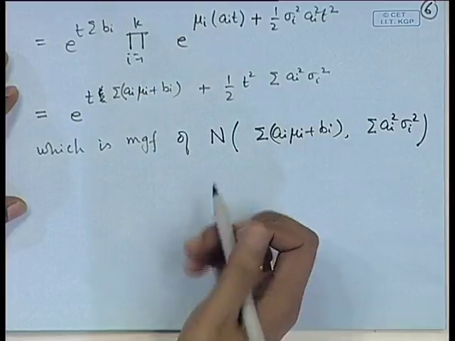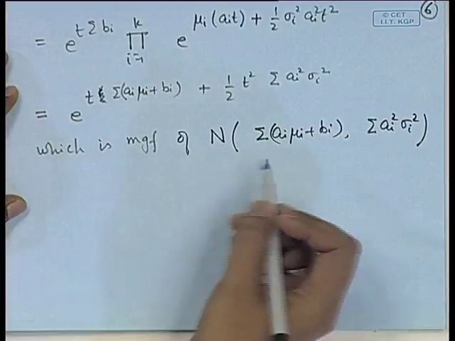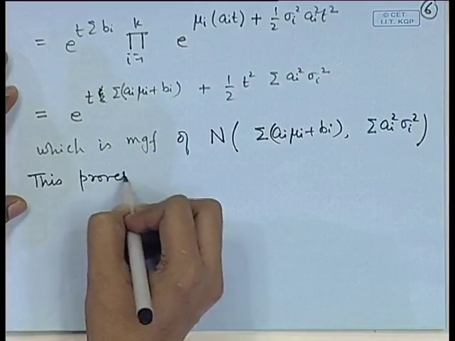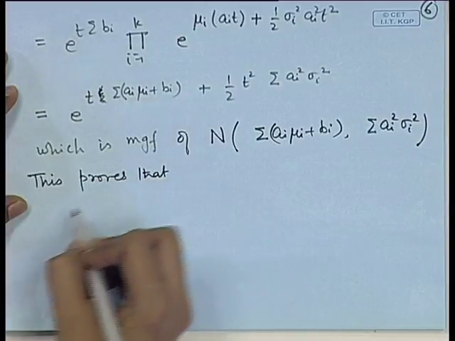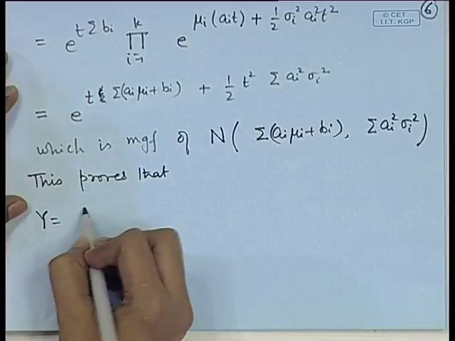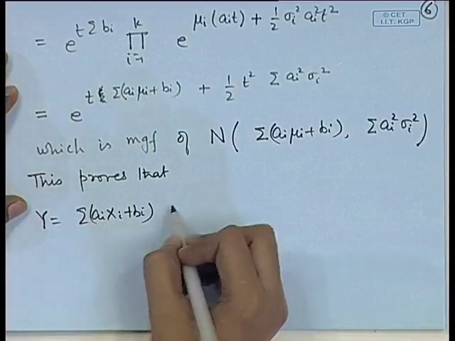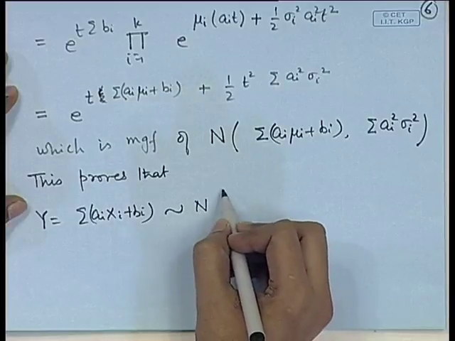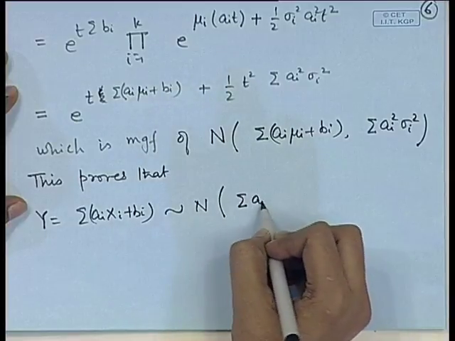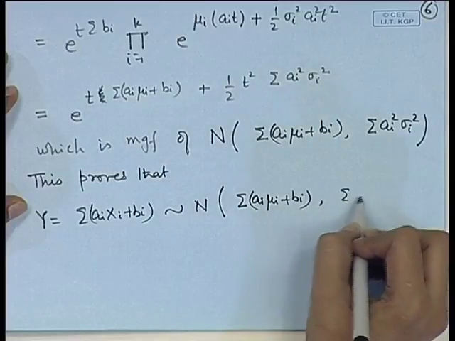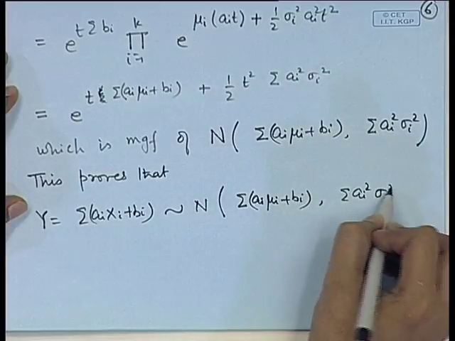So, by the uniqueness property of the MGFs, this proves that y, that is equal to sigma a i x i plus b i, follows a normal distribution with parameters sigma a i mu i plus b i and sigma a i square sigma i square.